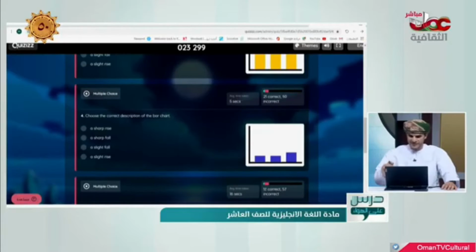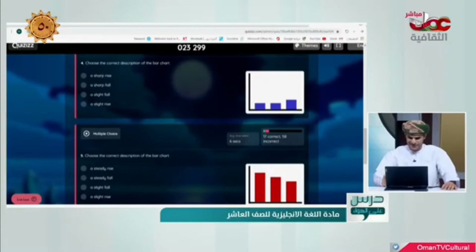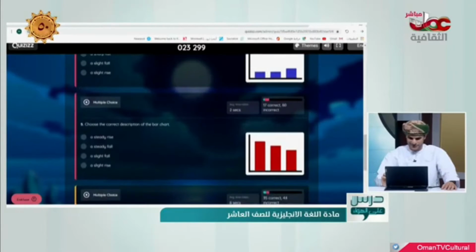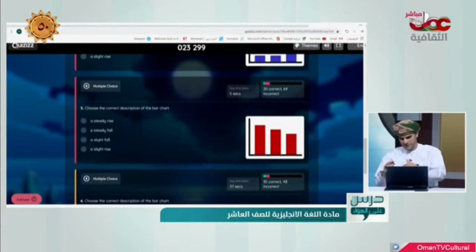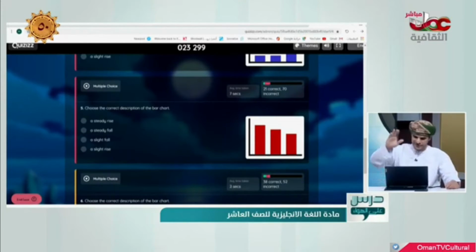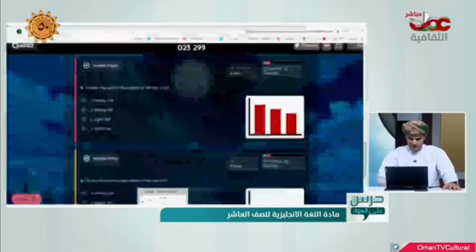It's just a slight rise. Just be careful. Okay, is this a steady? Steady means balanced. Okay, steady rise or a steady fall or a slight fall or a slight rise. Definitely it's not rise and it's not steady rise, either a steady fall or slight fall.